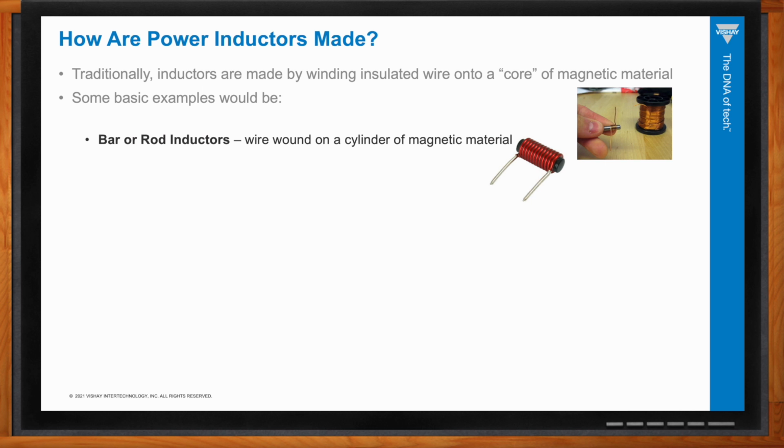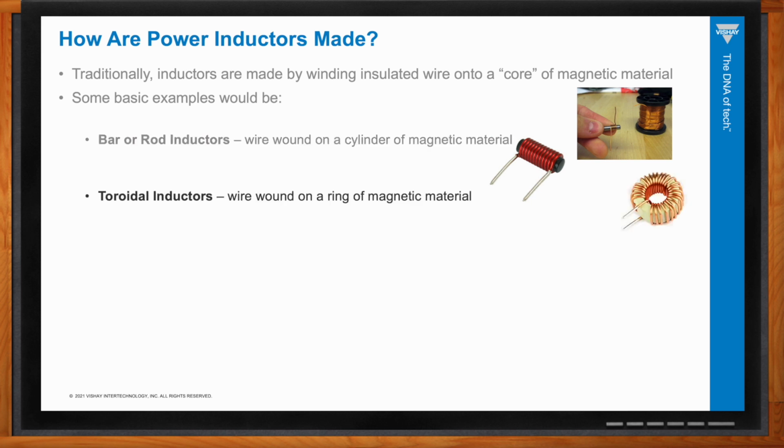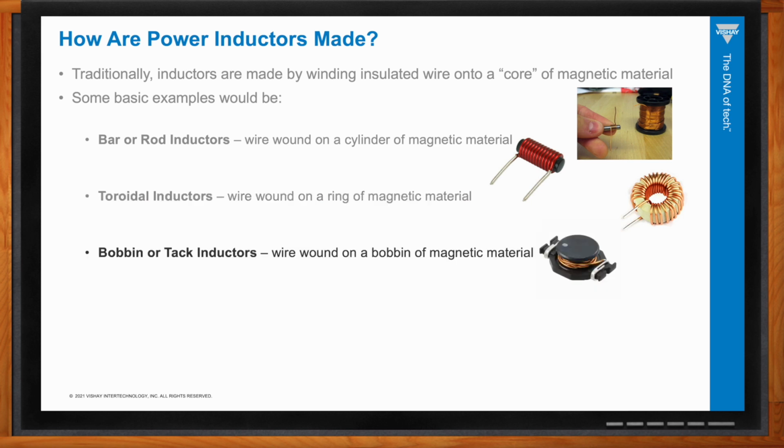The next simplest inductor is what we call toroidal inductors, and this is wire wound on a ring of magnetic material. The next would be bobbin or tack style inductors, where you can see that the magnetic material is in the shape of a tack or maybe a bobbin or a spool, if you would, like a spool of thread, and the wire was wound around that spool and then terminated in a variety of different ways.